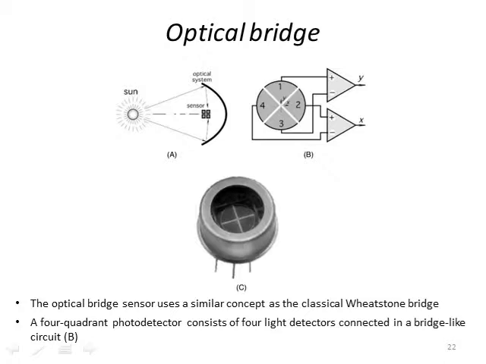So this optical bridge is very, very similar to these classical Wheatstone bridges that we've been working with in the homework. Very powerful and used quite regularly throughout industry, particularly for atomic force microscopy.